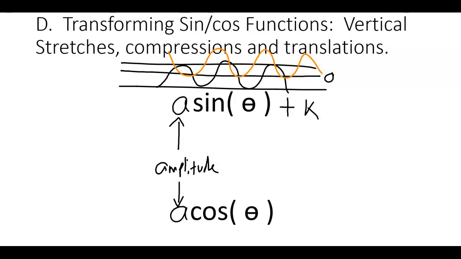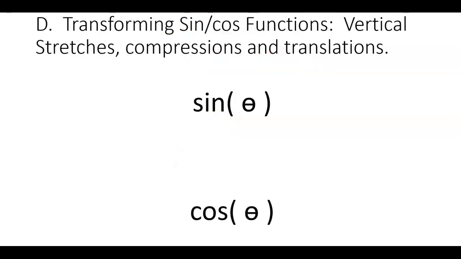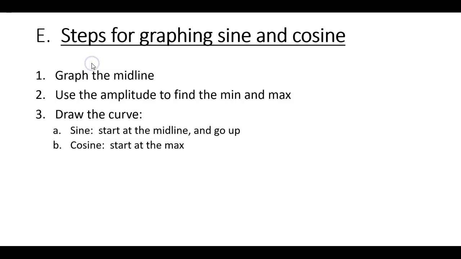And so when you add k or subtract k, basically what k ends up giving you is the midline. So when we're graphing sine and cosine functions, whatever number you're adding to your sine and cosine, that's going to be your midline. And whatever you're multiplying your sine and cosine by, that's going to be your amplitude, the distance from the midline to the max or min value. Okay, so let's keep those things in mind.